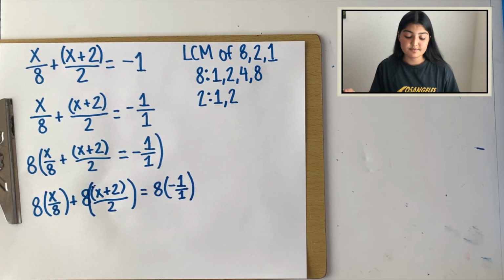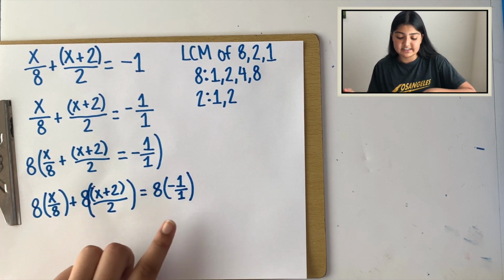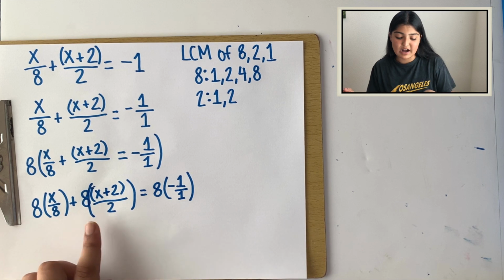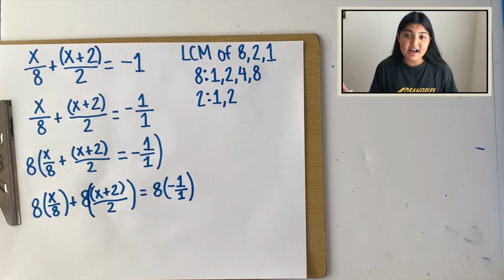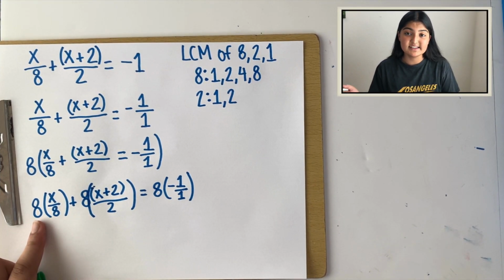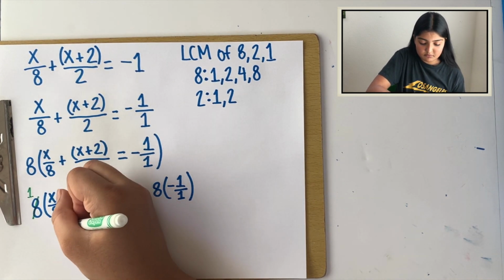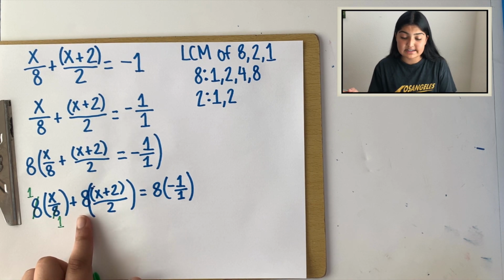As you can see, I multiplied 8 to each of these terms, and I used parentheses around each term. Now let's divide everything that we can. 8 goes into 8 one time. 2 goes into 8 4 times.